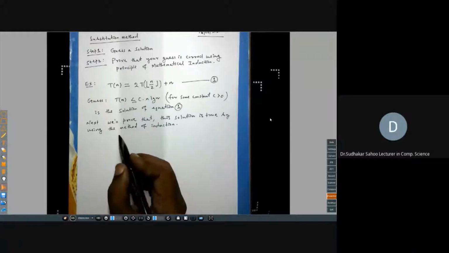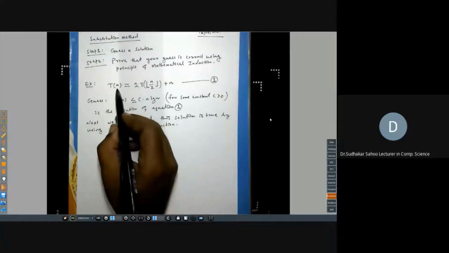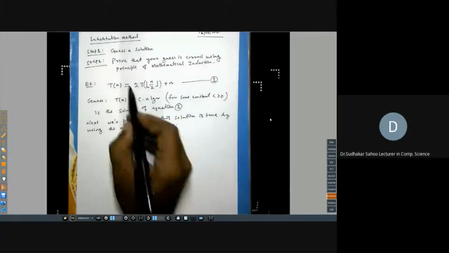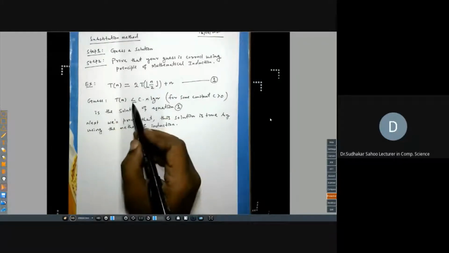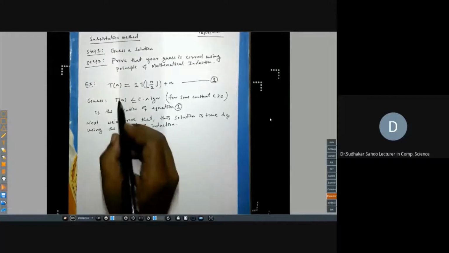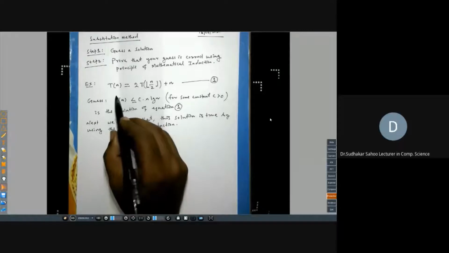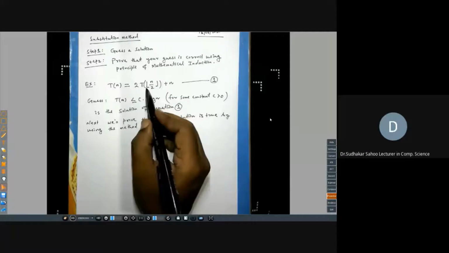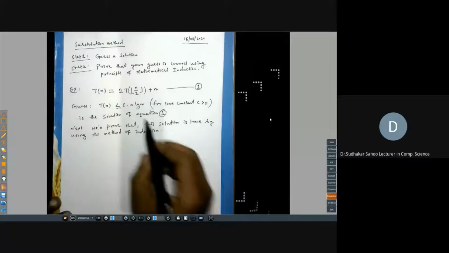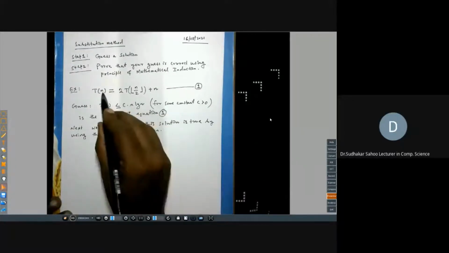So first try to prove that it is valid for n equal to 1 if it satisfies, or n equal to 2, base cases, or n equal to 3, you test it, and then assume this equation is valid for k and prove that it is also valid for k plus 1. But here this is the floor function, right? Here the pattern is, suppose n, then n by 2.